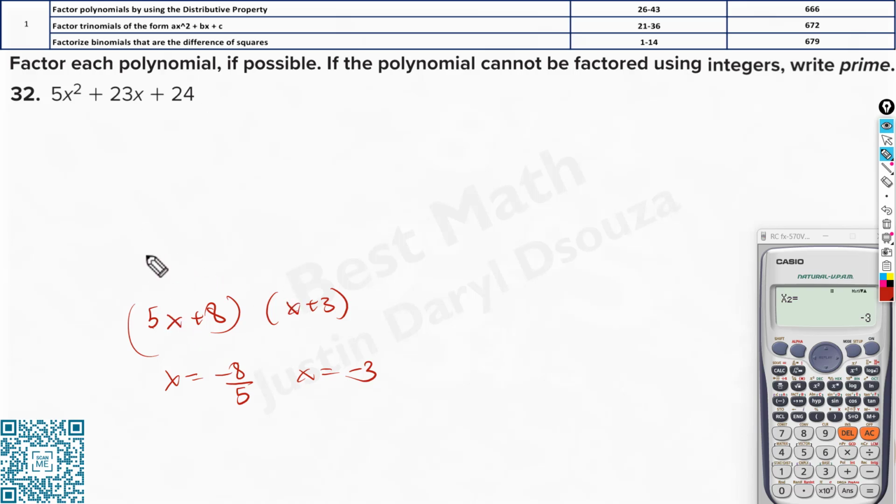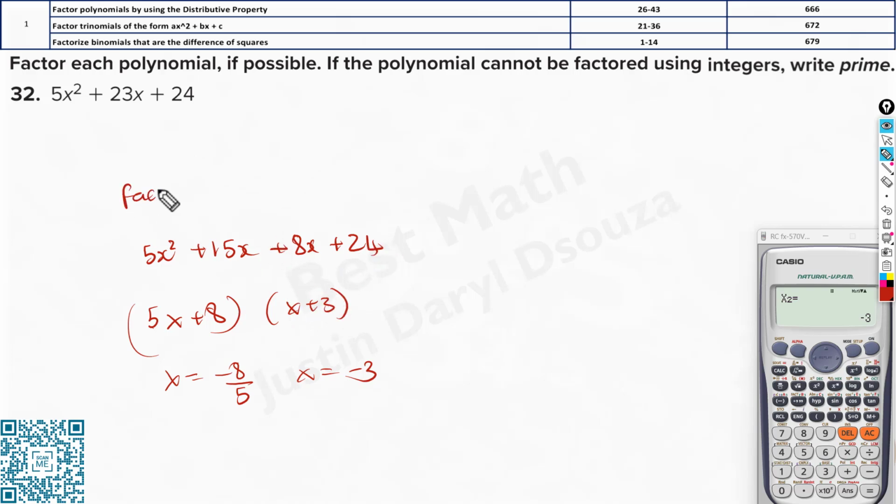Now let's multiply. 5 times 5x times x would be 5x squared plus 15x plus 8x plus 24. So it's 5x squared, 15x, 8x, 24.